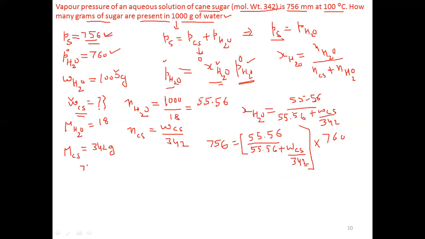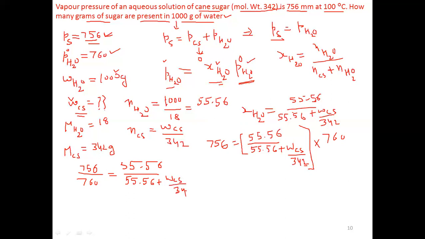Now in the next step we can keep this to the left hand side. It becomes 756 divided by 760 is equal to 55.56 divided by 55.56 plus weight of cane sugar divided by 342.